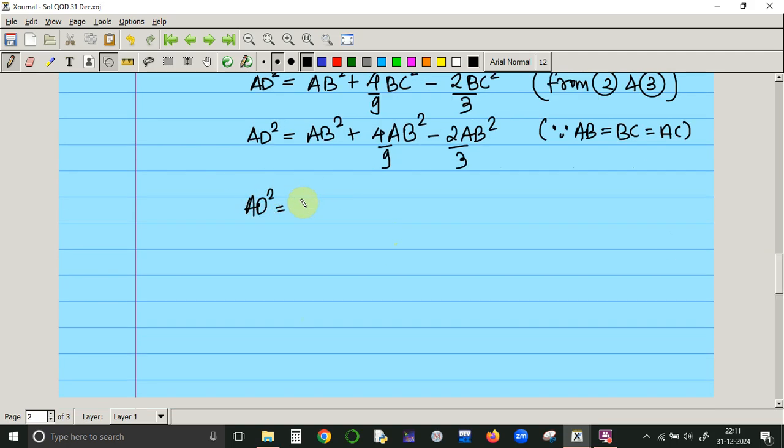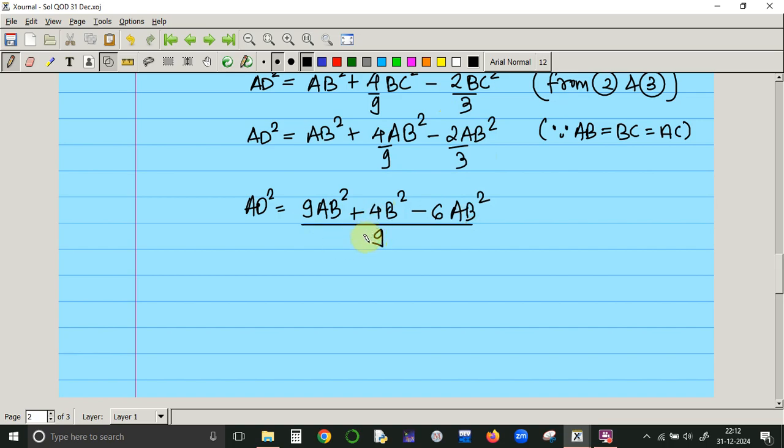So 9 AB square plus 4 AB square minus, to make this 9 I need to multiply this by 3, so this is 6 AB square upon 9.